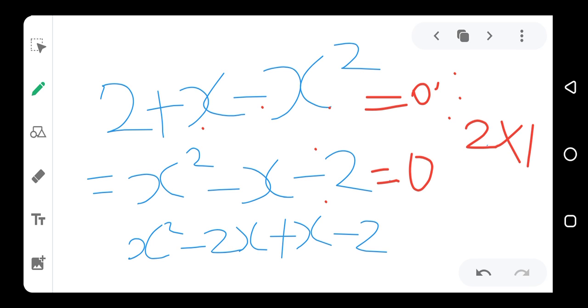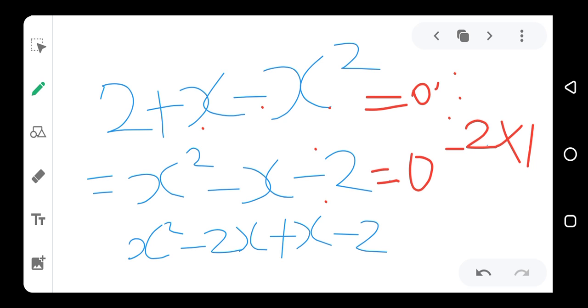Now we have minus 2, so you must take into consideration the signs of these values. Minus 2 times plus 1 will give us minus 2, and minus 2 plus 1 will give us minus 1. Okay, so we can now have the values as minus 2 and 1.